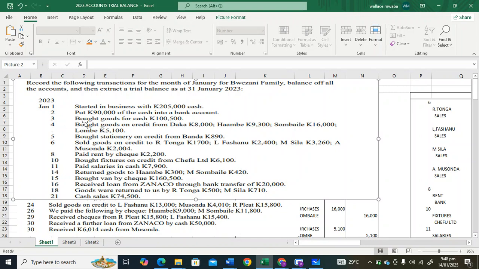January 4th, bought goods on credit from Daka 8,000, Hambe 9,300, Sombaile 16,000, Lombe 5,100. What's happening here, colleagues?